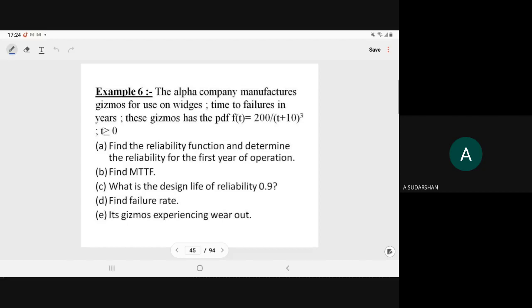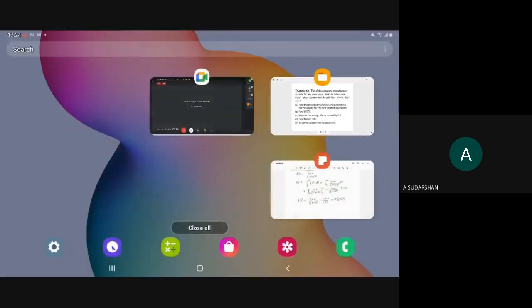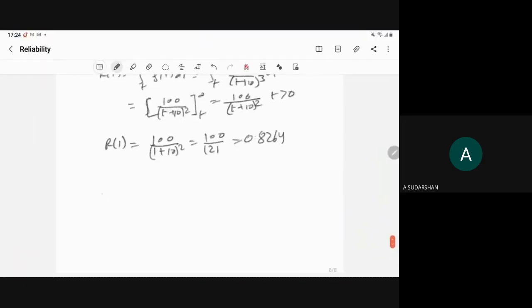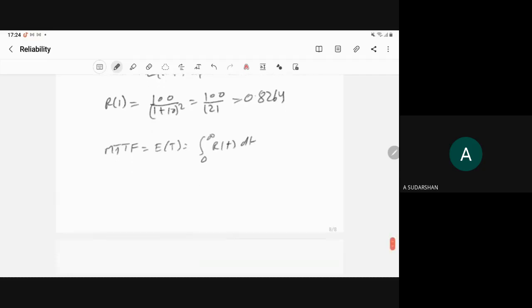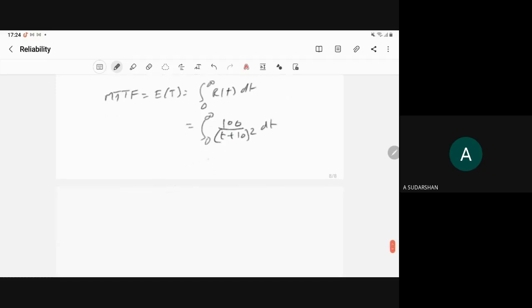Then you have to find the MTTF. When we compute the MTTF, you know the formula: MTTF is the integral from 0 to infinity of R(t) dt. R(t) we have computed as 100 upon (t plus 10) square, so we integrate that dt.